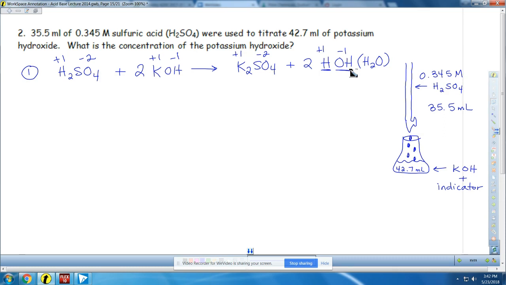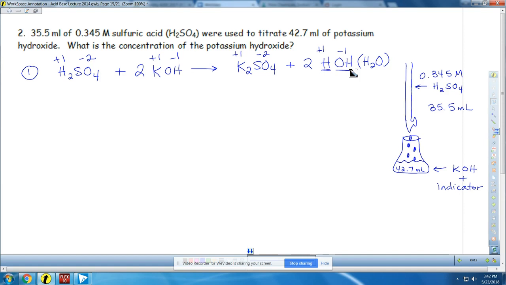So if I'm going to completely neutralize, completely react the sulfuric acid, I need 2 hydroxide. Well, since potassium hydroxide only has 1 hydroxide ion, we need that 2 out in front, that coefficient 2. So when this solution is neutralized, when we're at the equivalence point, I'm actually going to have double the moles of potassium hydroxide.